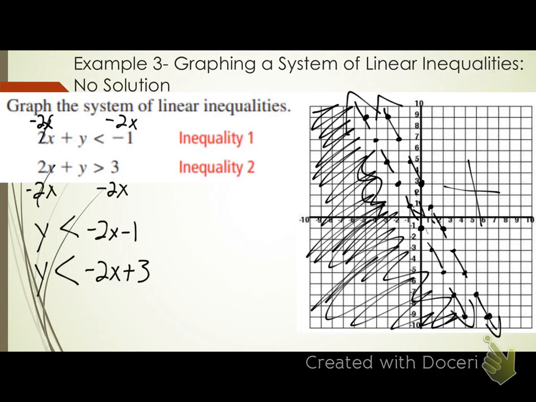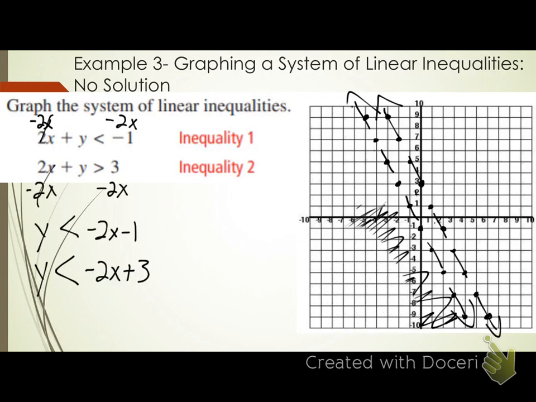Okay, one more thing real quick on this slide. Let's say this one was greater than, this one was less than. Okay, looking at this one again. Y is greater than negative 2x minus 1. Would that be above or below this line?